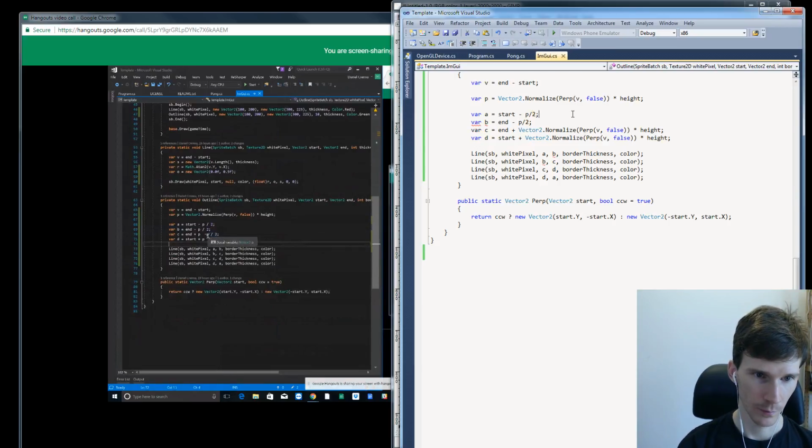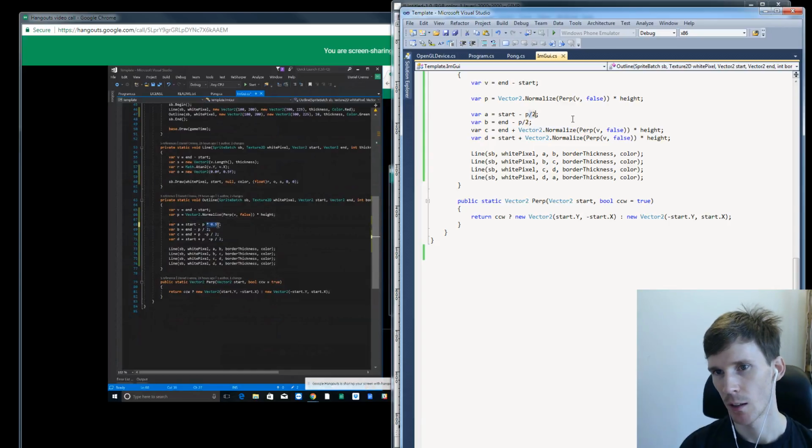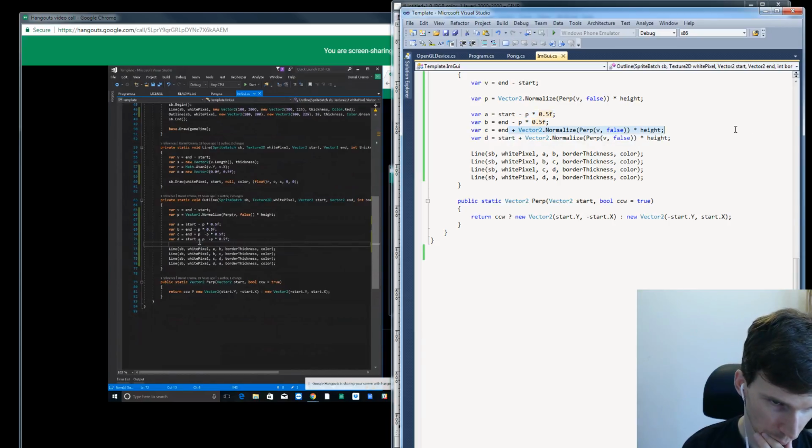I can multiply p by 0.5 instead of dividing because that's actually better, right? Yeah. I know that's probably not what you're after there. But no, that's a reasonable thing to do, though. So why not? So there's that, and then minus p times plus p minus p times.